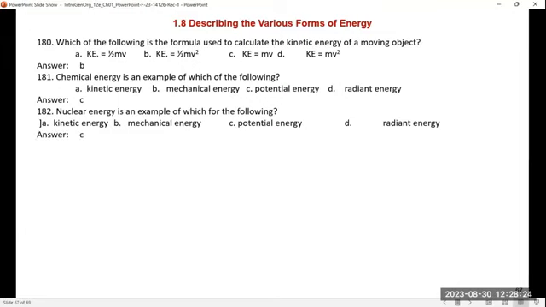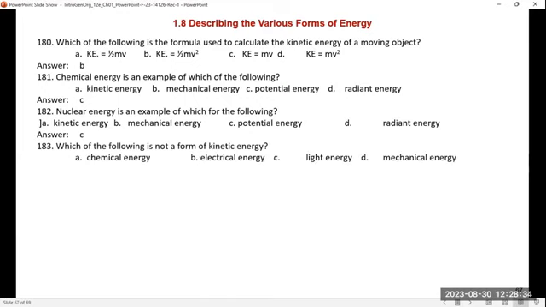Which of the following is not a form of kinetic energy? Chemical energy is not kinetic energy. Electrical energy is a form of kinetic energy. Light, mechanical, too. Only chemical energy is not kinetic energy.